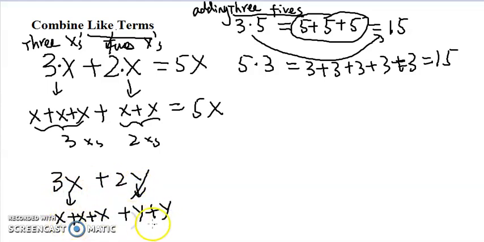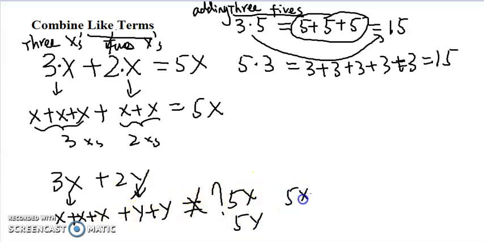When we add 3x and 2y, we cannot get 5 copies of anything. It's not 5 copies of x, not 5 copies of y, and not 5 copies of xy either. So you won't be able to add them, because they are not like terms.